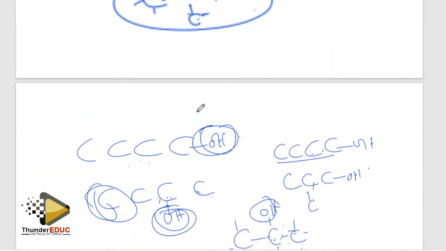If it is secondary, it has 2 carbon atoms attached to the carbon atom with the functional group. Don't say it has 2 carbon atoms attached to a carbon atom. Just like that: the carbon atom with the functional group has 2 other carbon atoms attached to it. You understand? Please complete the statement, or otherwise you will lose it.